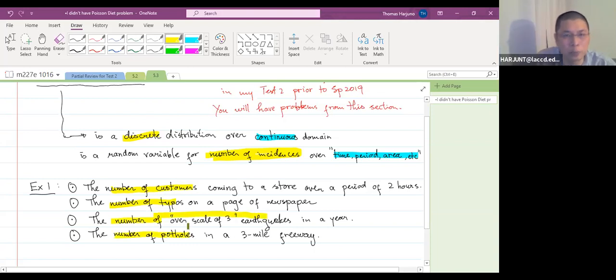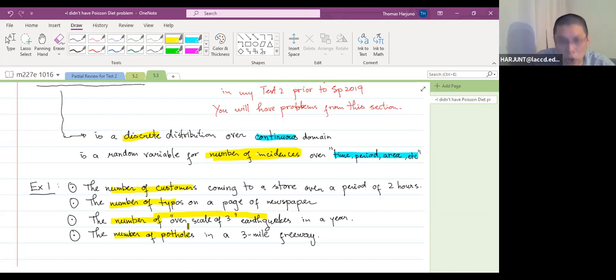The number of spam calls or spam emails you get over a certain period of time. Okay, and actually, I heard it also satisfies the number of cosmic rays coming to the Earth over a period of time. Now that's physics. In fact, that's astrophysics. So the applications are a lot.